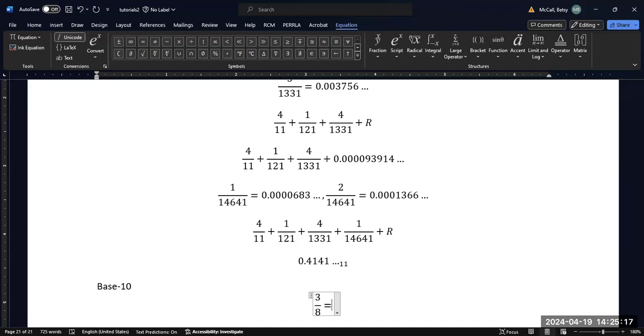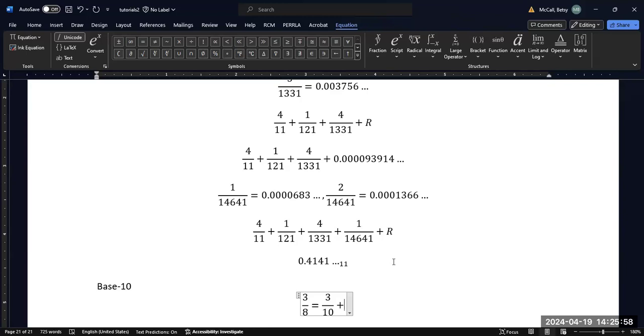And I know when I've gone past where I need to go when I get a negative number. So 3 divided by 8 minus 2 divided by 10, still positive. 3 divided by 8 minus 3 divided by 10, still positive. 3 divided by 8 minus 4 divided by 10. Oh, no, that's negative. So I'm going to need 3 over 10.